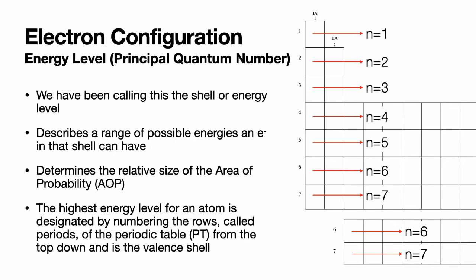Okay? It's still going to be spherical overall for the most part, but it's simply going to be bigger. So the volume that the first energy level takes up in an atom is going to be smaller than all of the other areas. Second energy level, bigger. Third energy level, even bigger.